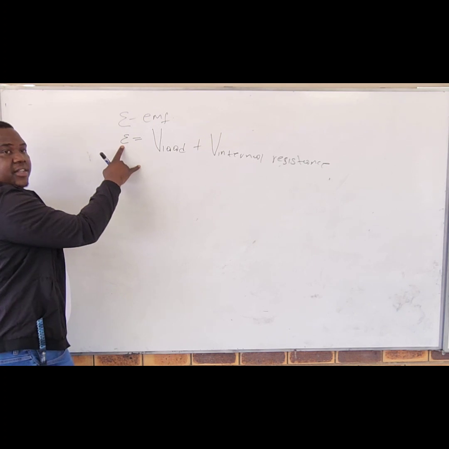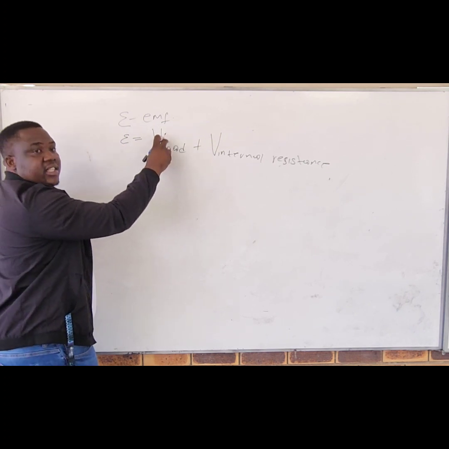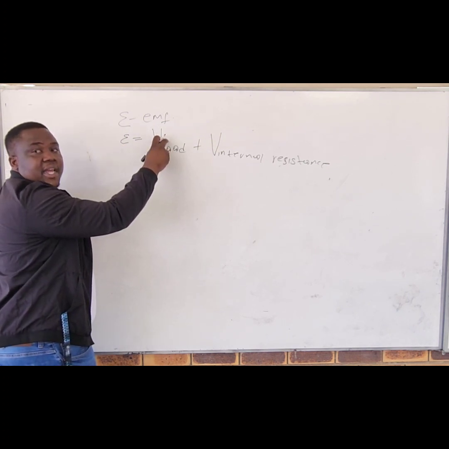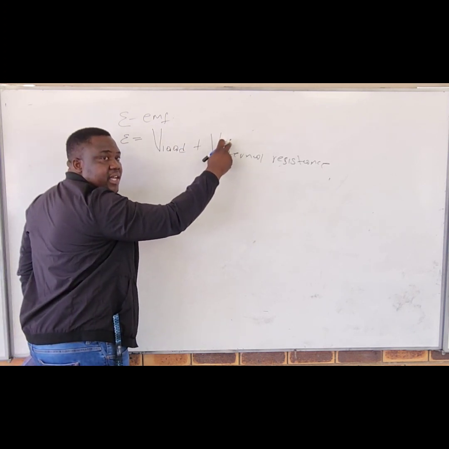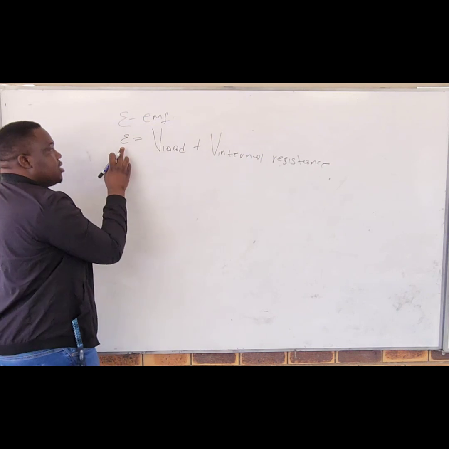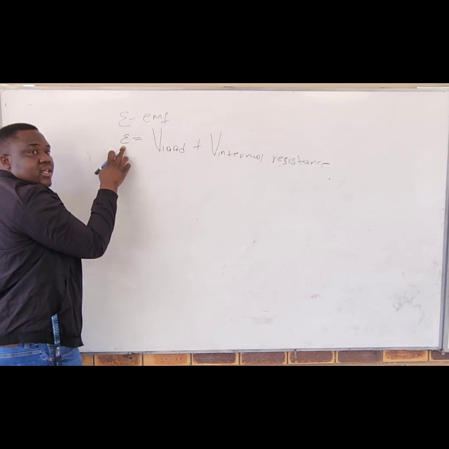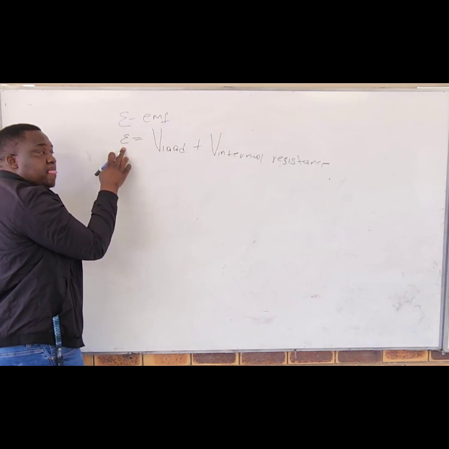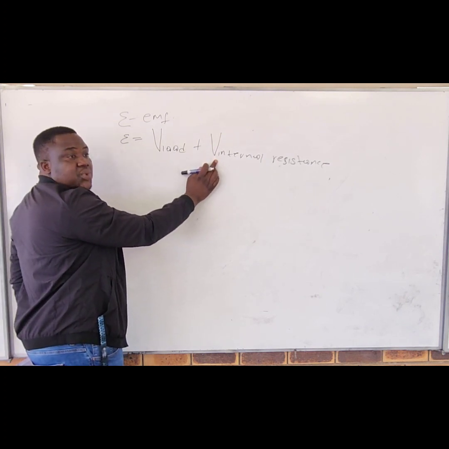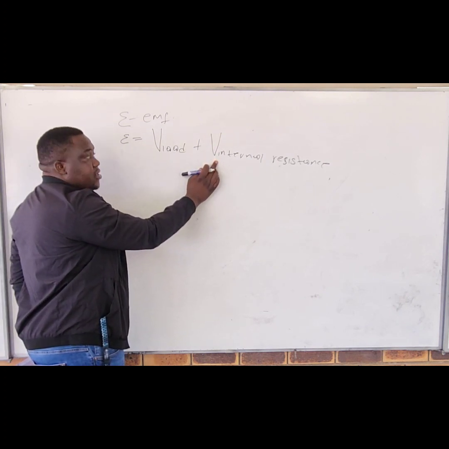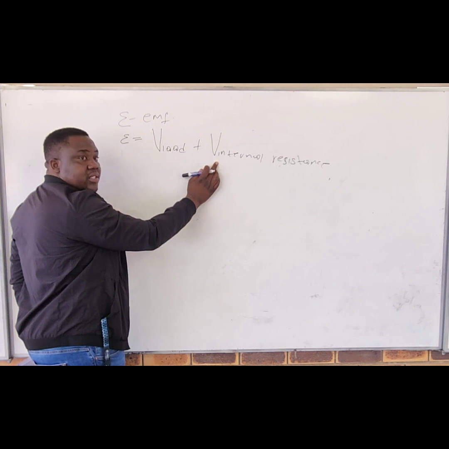The EMF is equal to the voltage that is recorded from the external resistance and the voltage that is recorded from the internal resistance. That is the sum of them. It means this V internal resistance is the voltage which was lost, right? The voltage which was lost.